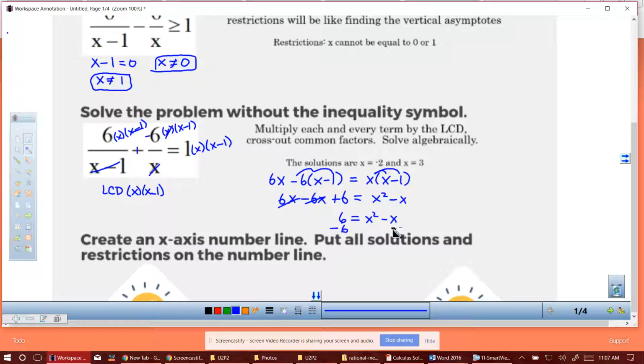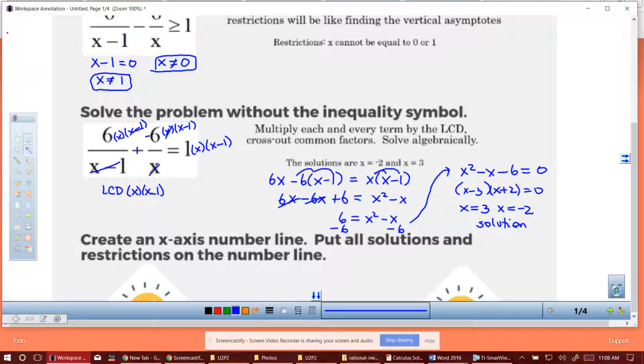So I'm going to subtract 6 over, and now I have x squared minus x minus 6 equals 0. That does factor: x minus 3, x plus 2 equals 0. So I get x equals 3 and x equals negative 2. These are the solutions.